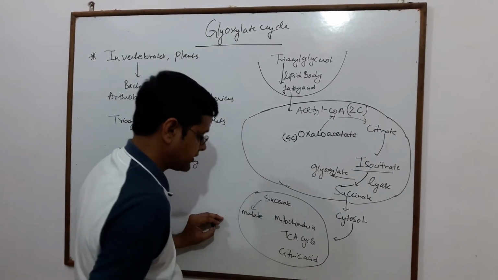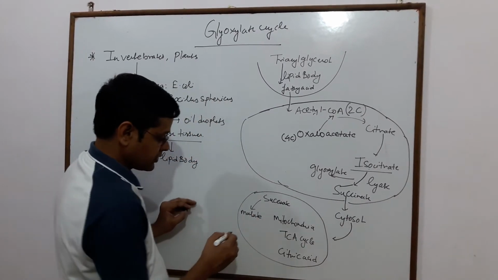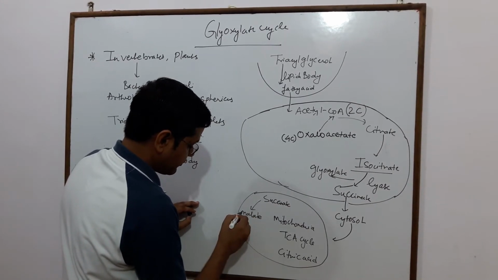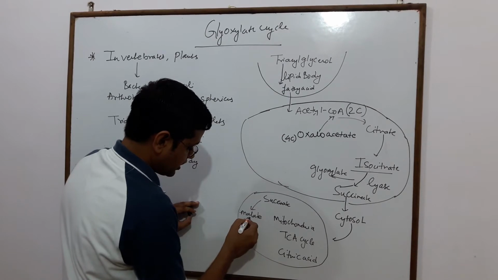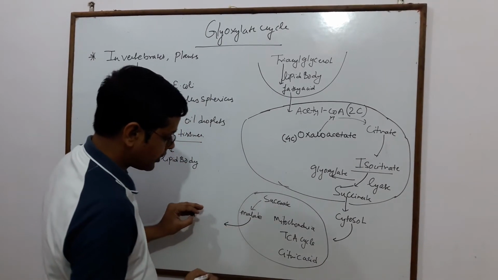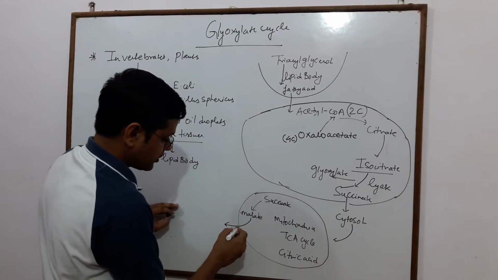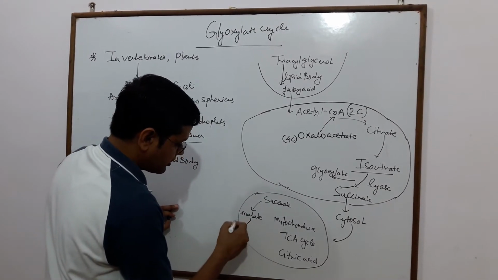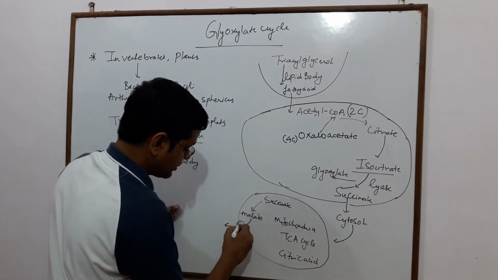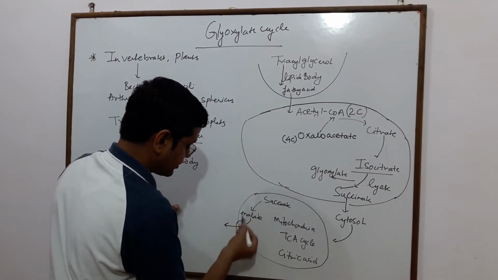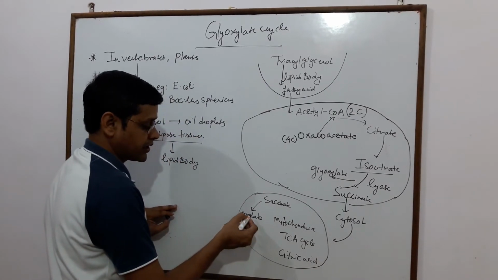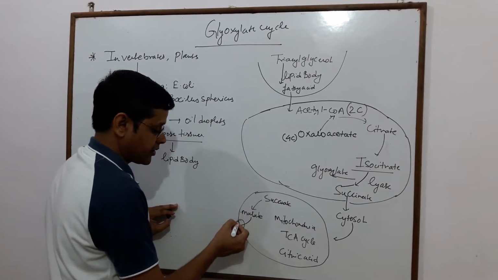To generate malate. This malate again moves outside from the mitochondrial membrane, because this malate is permeable to this membrane, because some transporter proteins specific for this compound are present here in the outer membrane.